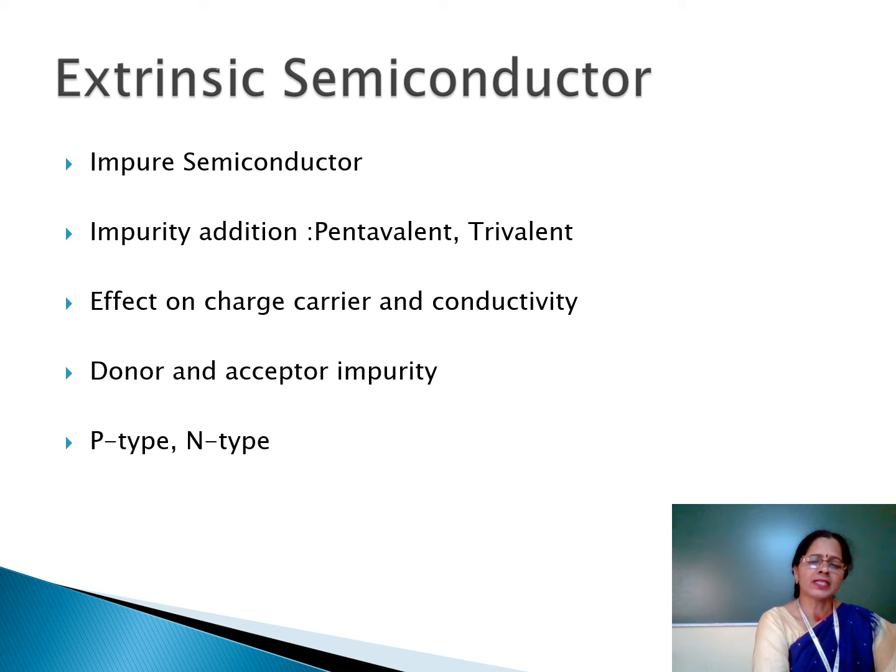Since two types of addition are possible, extrinsic semiconductors are of two types. One is named the P type, another is known as the N type semiconductor. After adding the pentavalent impurity, the number of free electrons increases. Accordingly, these pentavalent impurities are known as donor impurities, because they donate some extra free electrons to the intrinsic semiconductor.